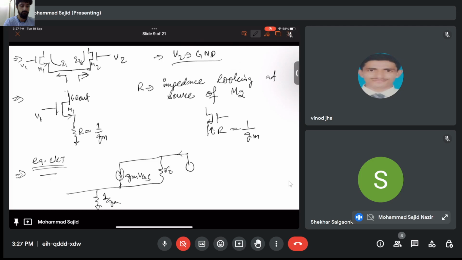So I connect a source Vx, and we have Ix as test source to calculate the R out, which I have clearly mentioned in the previous sessions how to calculate. So it is the same. So KCL, if I do the KCL here, so it will be Ix equivalent to Vx minus, let's call this Vs here, by R naught plus GMVGS.